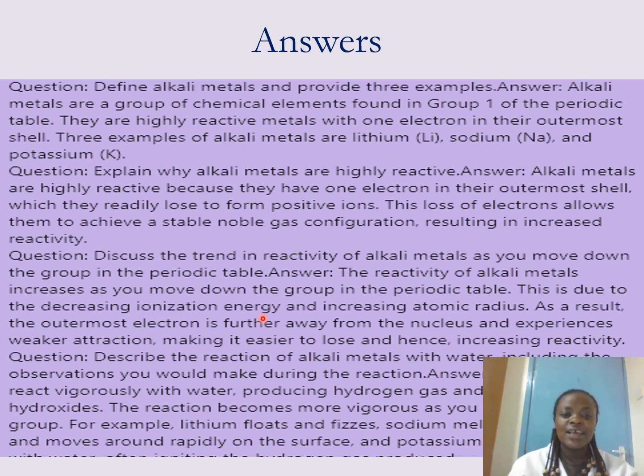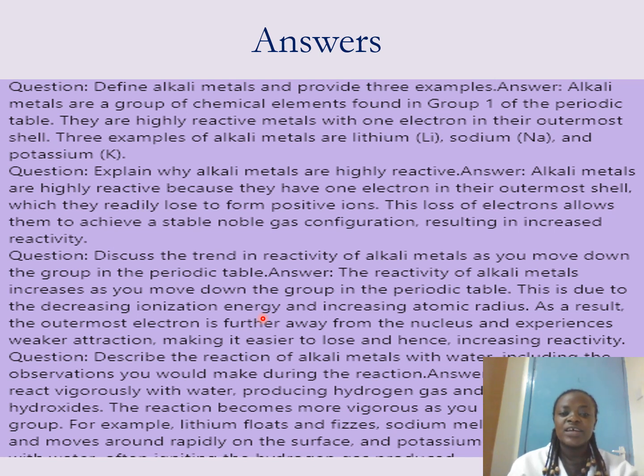Then the second question: explain why alkali metals are highly reactive. We said alkali metals are highly reactive because they have 1 electron in the outermost energy level. That is, they have 1 delocalized electron, which they readily lose to form positive ions.